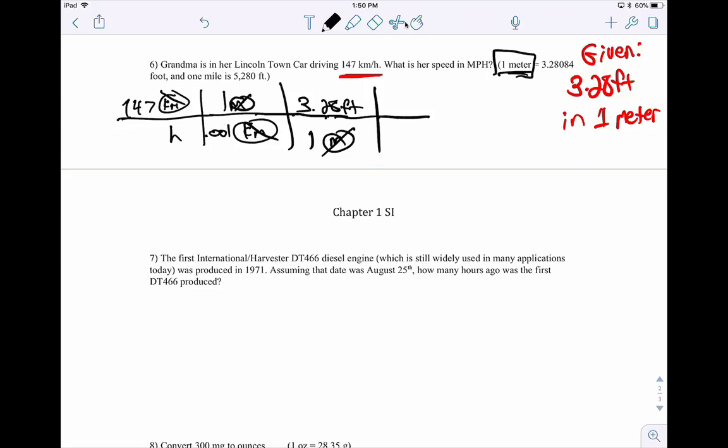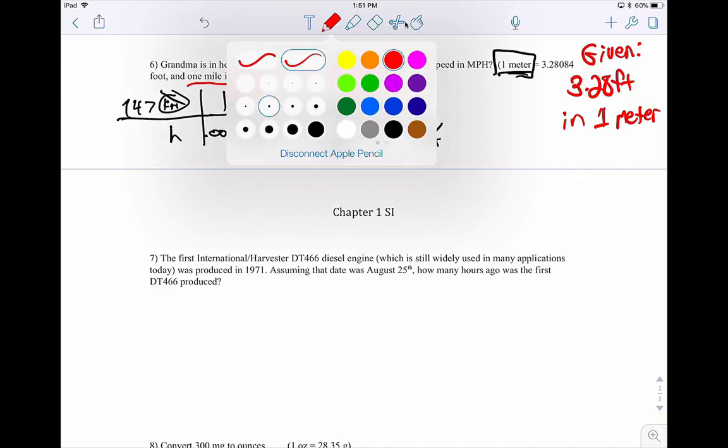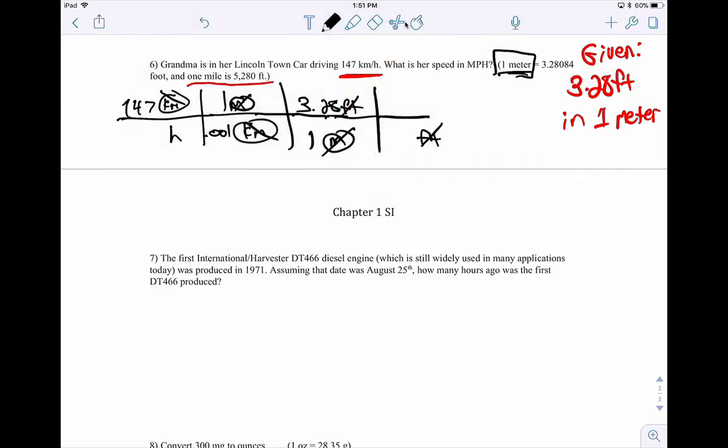Moving on, we know that feet is not in miles per hour, so we need to get rid of it. We'll put it in the denominator, and since you have it in the numerator and the denominator, feet gets canceled. You are given that 1 mile is equal to 5,280 feet. So this problem gives you nice stepping stones.